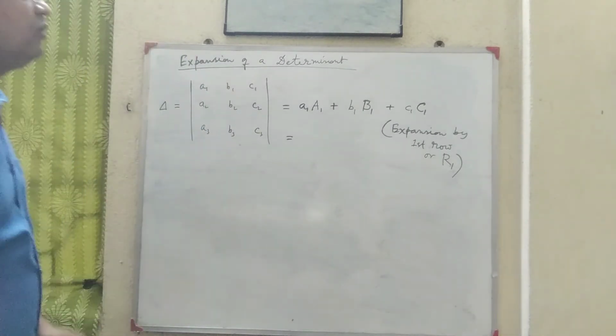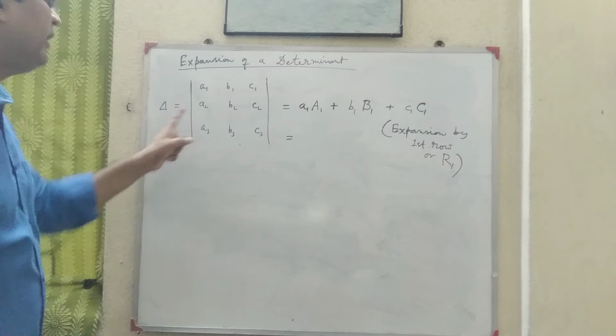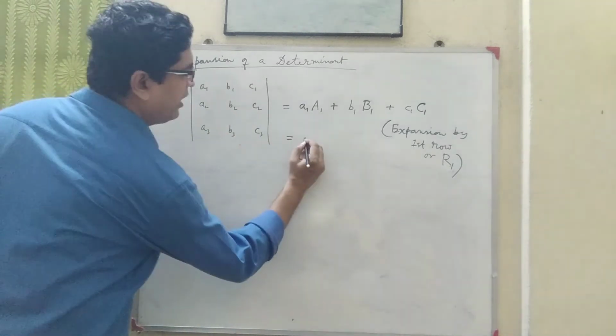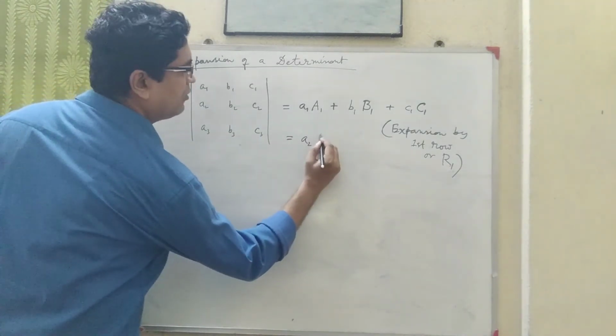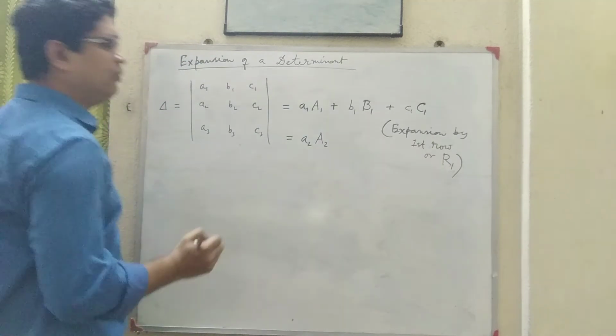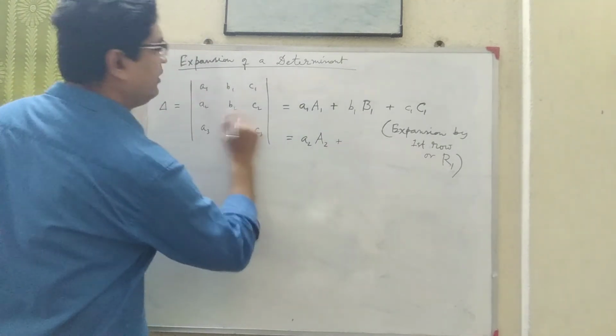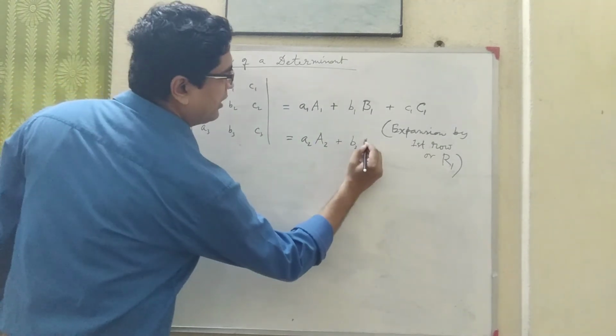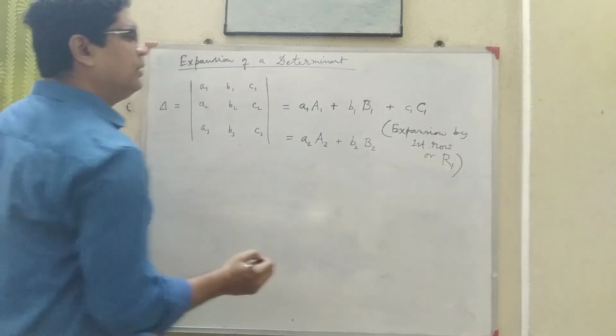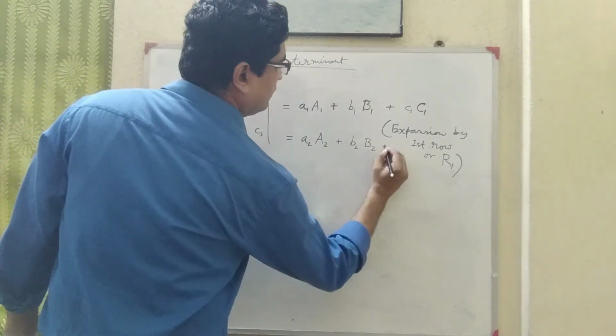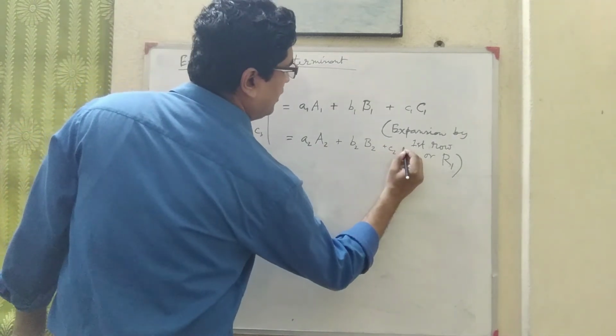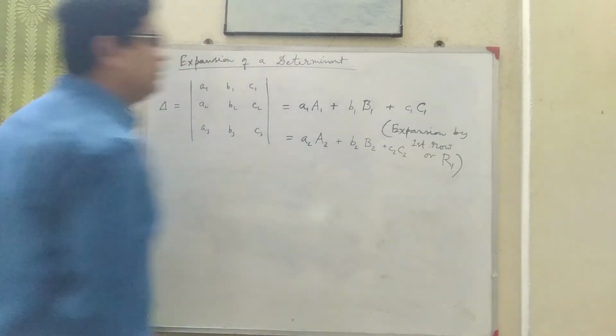Suppose we want to expand by second row, then we can write A2 into the corresponding cofactor capital A2, plus B2 into the corresponding cofactor capital B2, plus C2 into the corresponding cofactor capital C2.